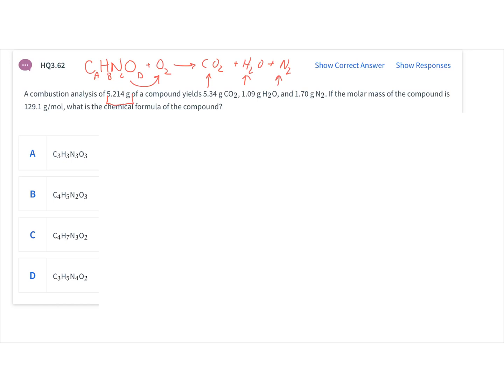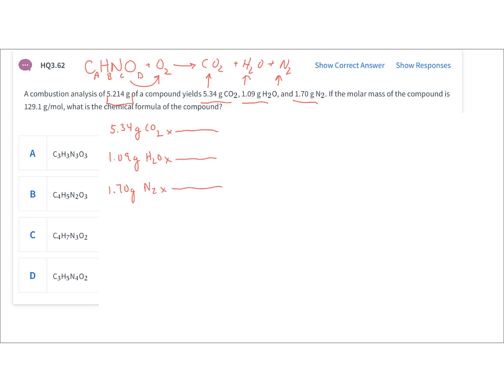So what we need to do is break down this mass and turn it into moles so that we can find the moles of carbon, hydrogen, oxygen, and nitrogen, and then find a mole ratio from this sample. So much like the last problem, we're going to take the 5.34 grams of carbon dioxide, the 1.09 grams of water, and the 1.7 grams of nitrogen and turn them into moles.